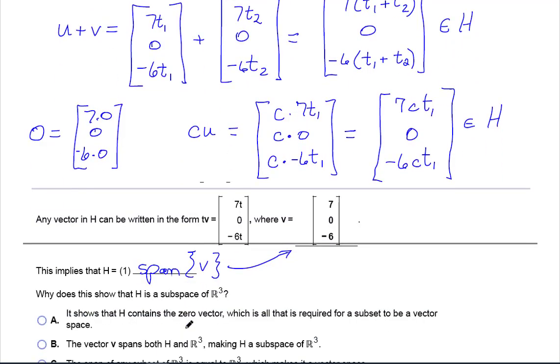Another way of looking at it is you could form vector v, which is (7, 0, -6), and think of it as t times v. And so H is just the span, which consists of all linear combinations of v, and so that does form a subspace.